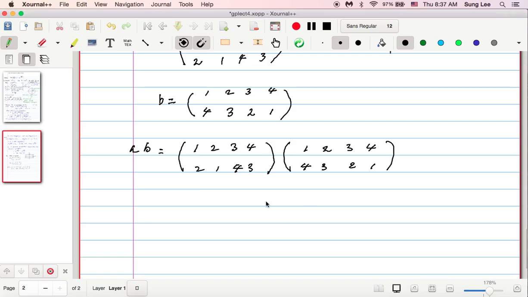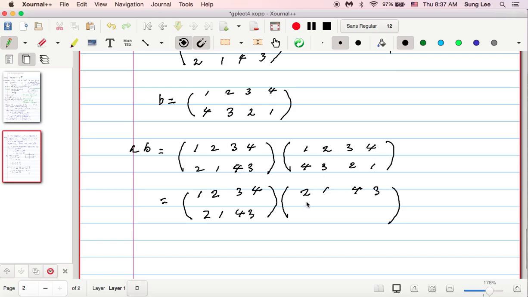Or, another easy way to do it is the following. You write the first one, 1, 2, 3, 4 over 2, 1, 4, 3, and this stays the same. And I'm going to rearrange the second one. Instead of 1, 2, 3, 4 in the first row, I'm going to write 2, 1, 4, 3.